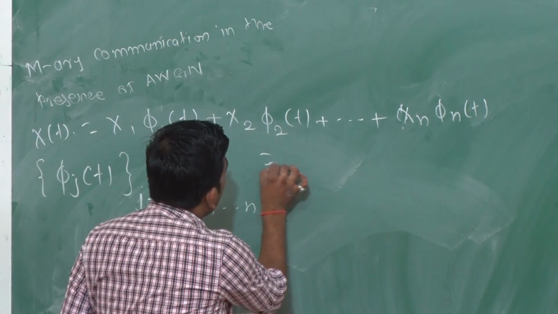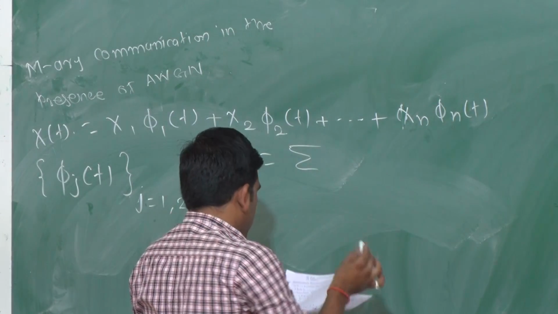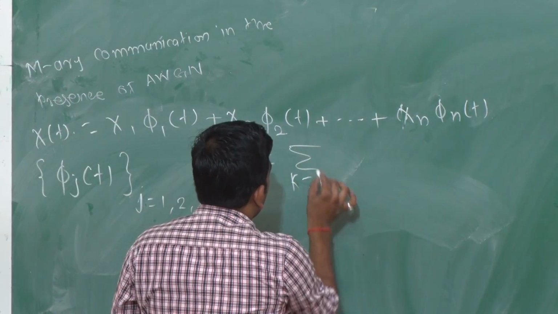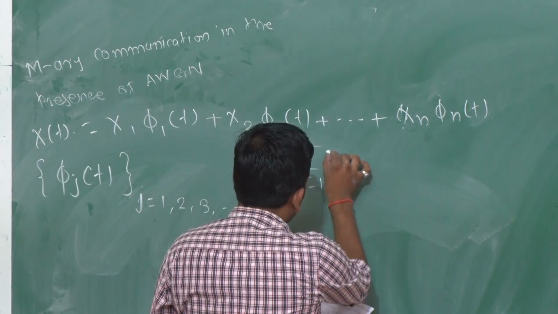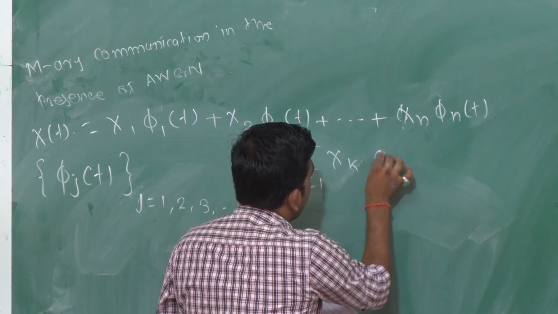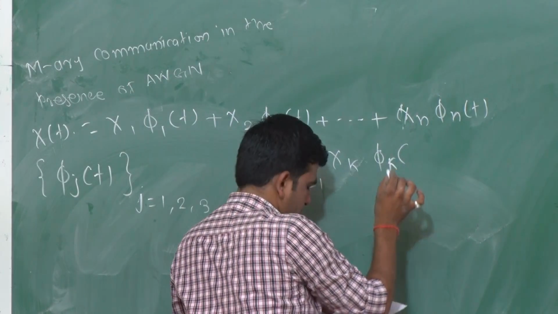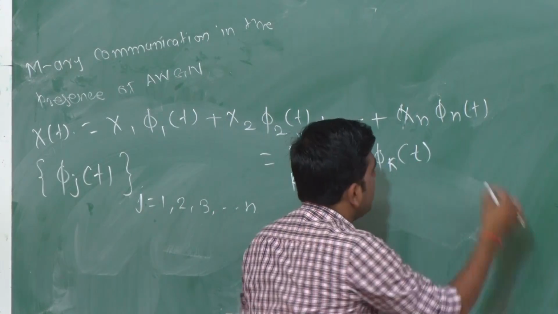This is nothing but summation over k equal to 1 to n of xk into phi k of t.